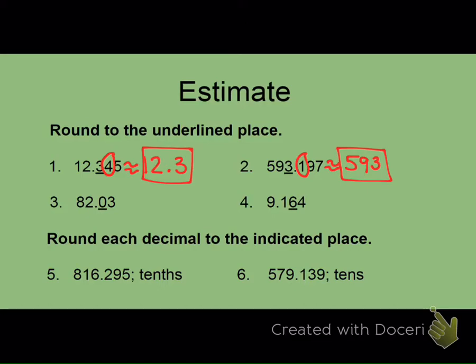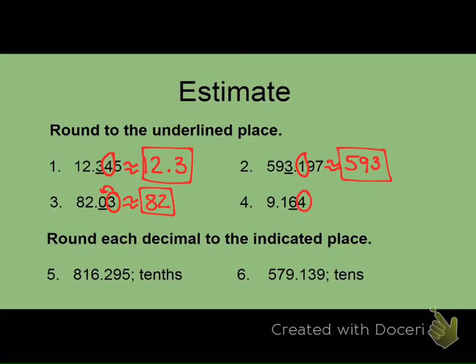All right, so let's take a look at 3 and 4. We are underlining the 0. We are circling the 3. It's going to keep it the same. So our approximate value is 82. Hopefully you got that correct. Number 4, we are estimating to the hundredths column.